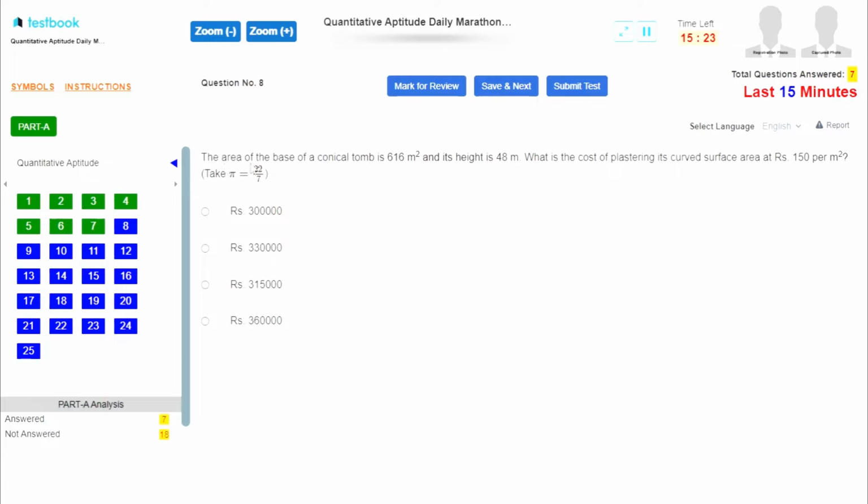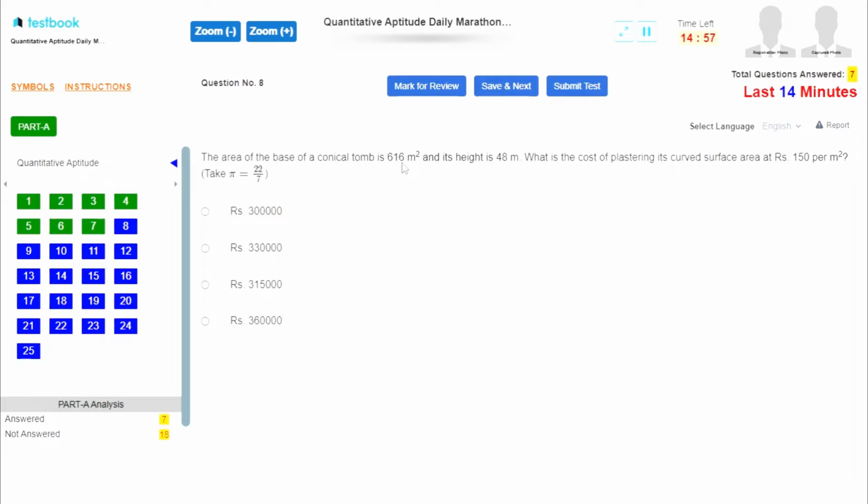Area of the base of a conical tomb is 616. Height is 48. So pi r square is equal to 616. 616 gets divided by 11, 56, 28. So r square is equal to 28 into 7.